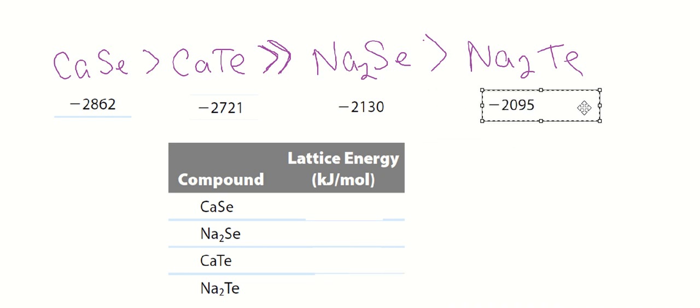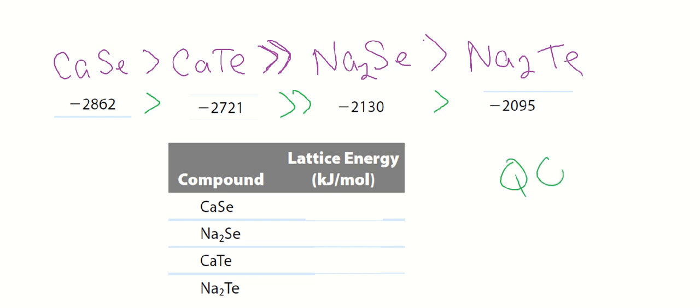There we go. All right, so were we correct? This is definitely larger than that. This is definitely much larger than that. And this is definitely larger than that. So there we go. To sum it up, the Q's have a greater effect than the R.